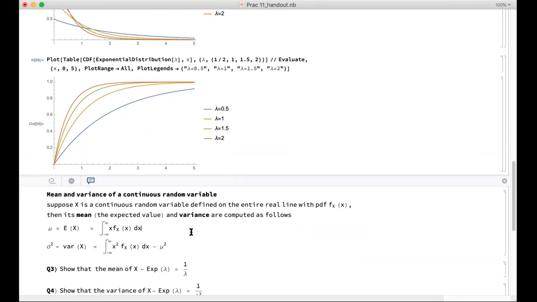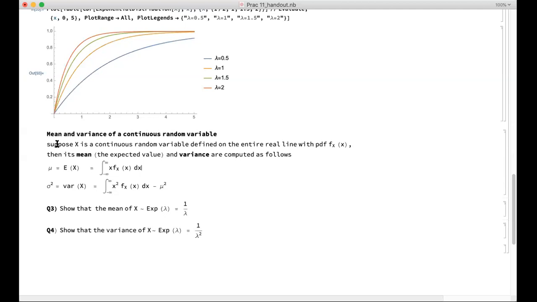Okay, the next part I've explained is how to compute the mean and variance of a continuous random variable. In particular, the mean is the expected value, indicated by mu here, which is the integral of x times the PDF.